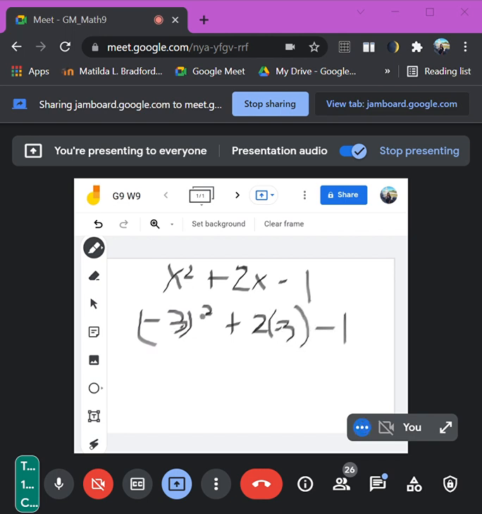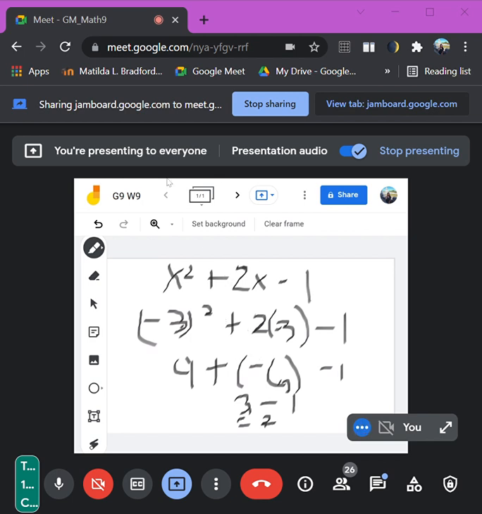Negative 3 squared, that is 9. And then 2 times negative 3, that is negative 6. And then minus 1. 9 minus 6, that is 3. And then 3 minus 1, that is 2. So, your answer is 2. Substitute lang, class.